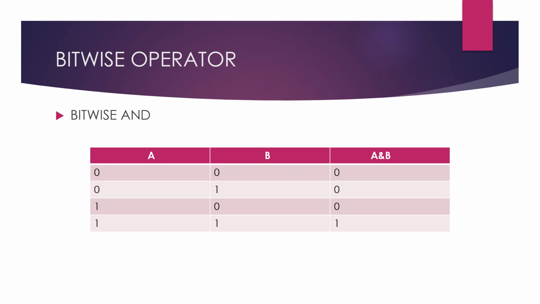So here we can see that if only one of the inputs is true, the output will still be false, and only in the case of both inputs being true, the output will be true, and in the rest of the cases it will be false. We can take an example: if we compare two numbers, it will compare the digits, and each digit should be true, then only it will be 1, or the condition will be true.